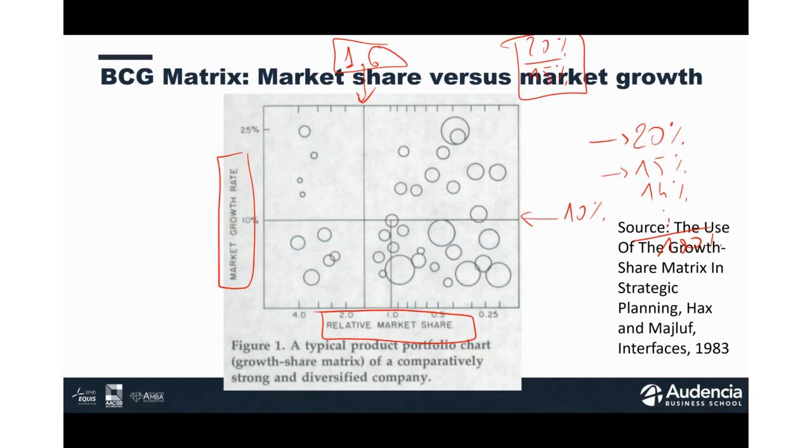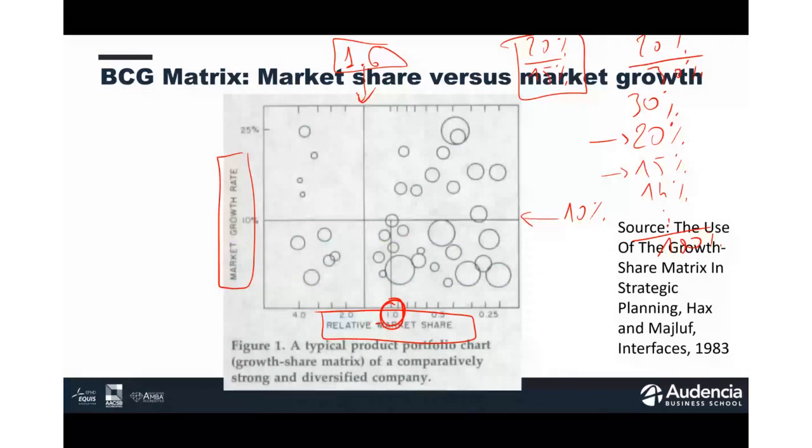So of course, if you are not the leader, you have another one at 30%. In this case, your relative market share is below 1 because you compare the 20% with the 30%. So here, more than 1, you are the leader in this part.